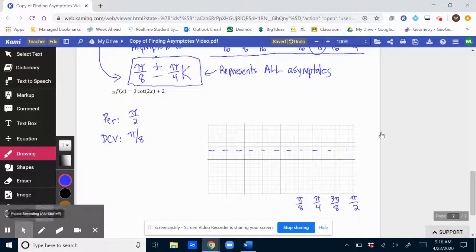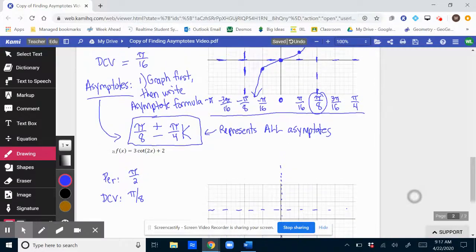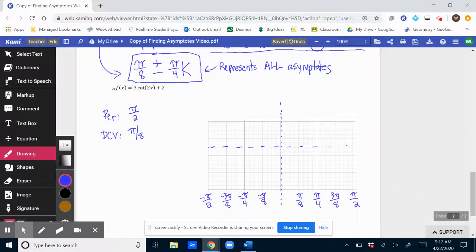Same thing, negative. Okay, so what's different about cotangent and why cotangent is easier is that the first asymptote is always at 0. So very simply, the first one is always there at 0. And I forgot to put here a equals 3.